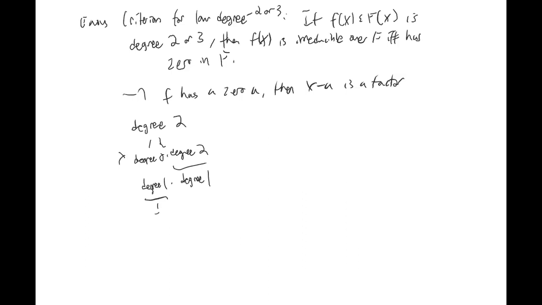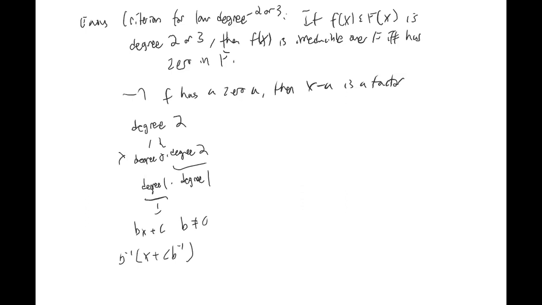Because if you're degree 1, then you're bx plus c, where b is not 0, because if b is 0, it's not degree 1. Since b is not 0 and you're over a field, b inverse exists.